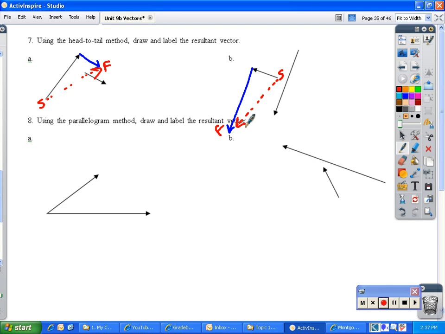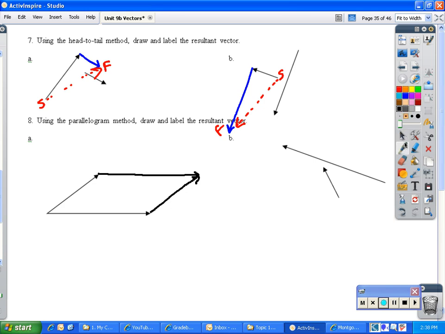All right. Number 8 talks about adding using the parallelogram method. So the parallelogram method is all about creating a parallelogram. It's really useful when the two tails meet together like we have right here. So we basically take this vector and copy it, and then this vector and copy it, and you create a parallelogram.